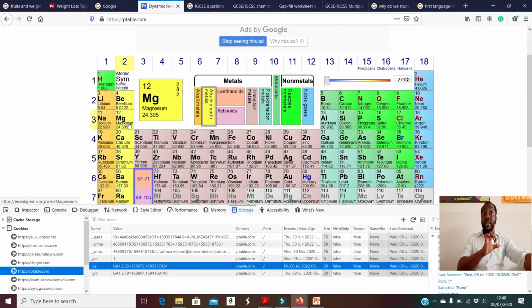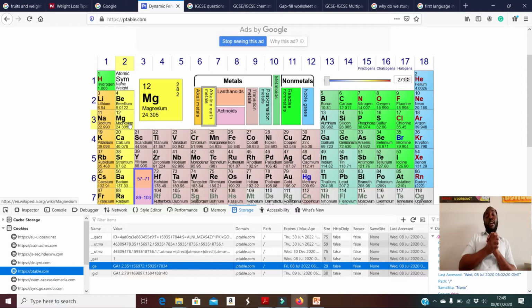The second letter of the symbol magnesium is G, but the second letter of the word magnesium is not G but A. So we also have cases where the second letter of the symbol is taken randomly from the element. So be careful with that.